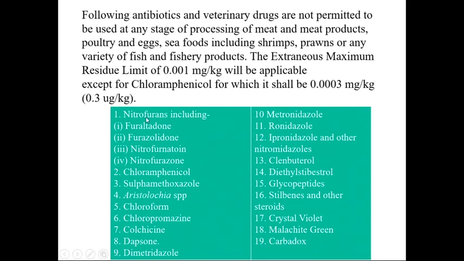So you see here, nitrofurans are not permitted, chloramphenicol is not permitted, colchicine is not permitted, and then you have clenbuterol and diethylstilbestrol, which are anabolic compounds, and you also have crystal violet and malachite green, which are antifungal compounds, which are not permitted. So all these antibiotics and veterinary drugs are not permitted in meat.